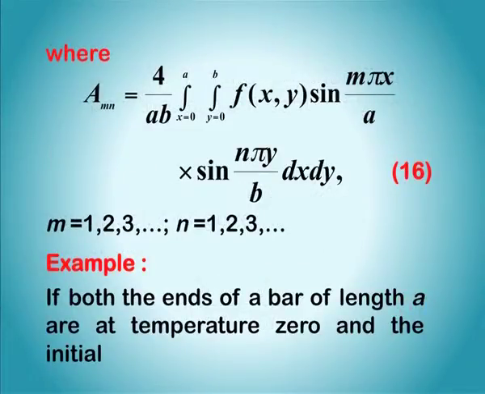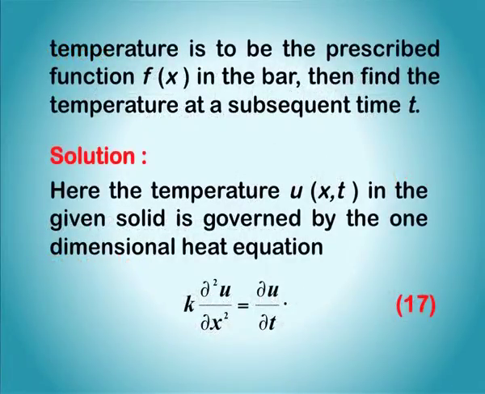If both the ends of a bar of length a are at temperature 0, and the initial temperature is the prescribed function f(x) in the bar, then find the temperature at a subsequent time t.